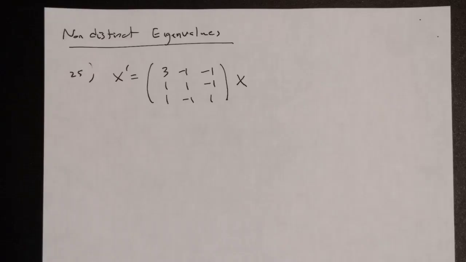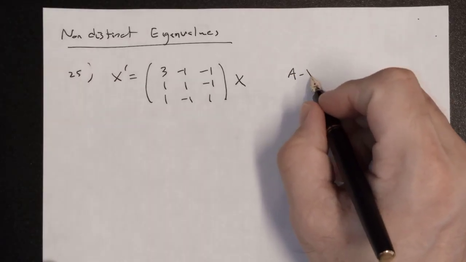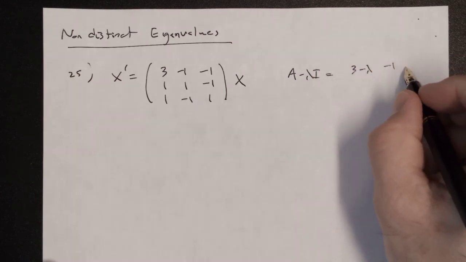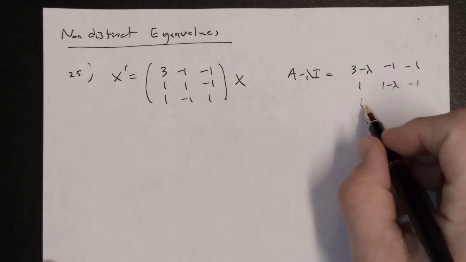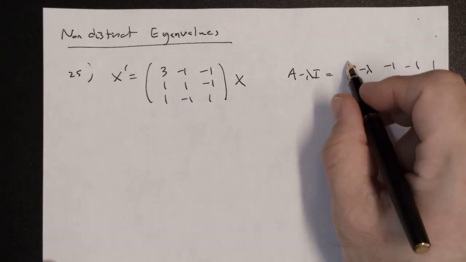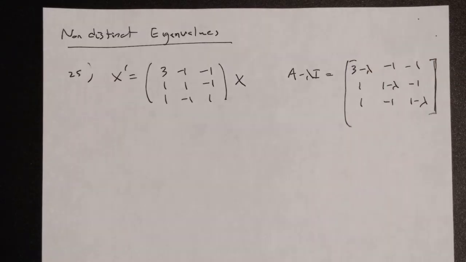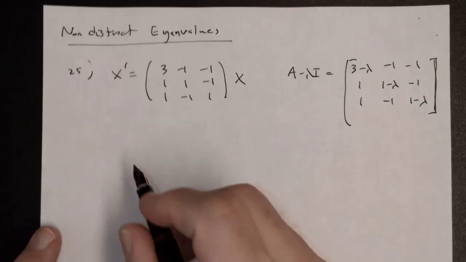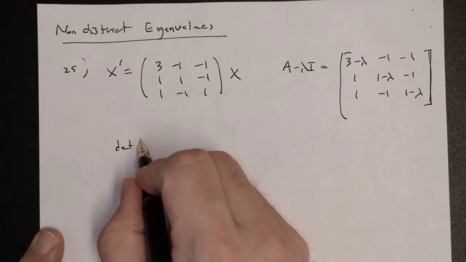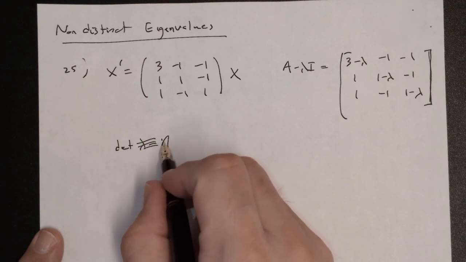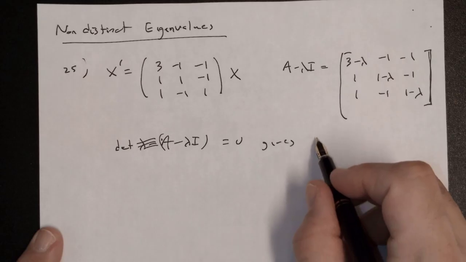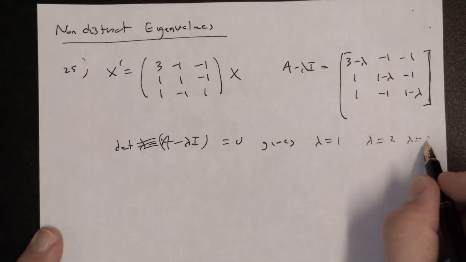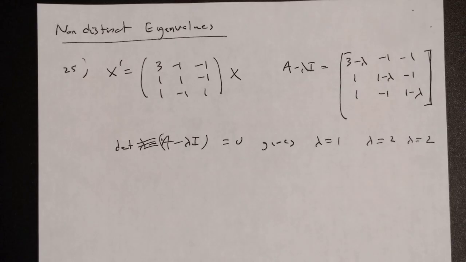Because when I do work out my eigenvalues, with a little bit of work, I get one of the eigenvalues twice.